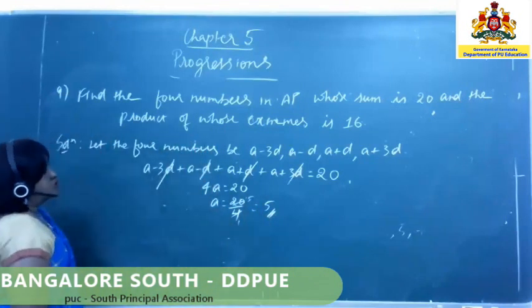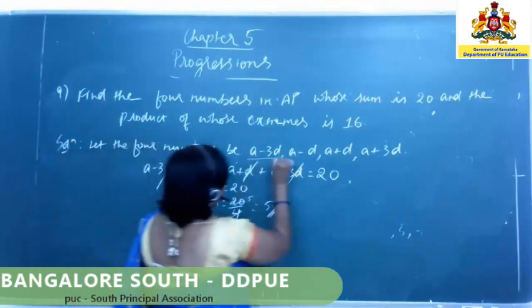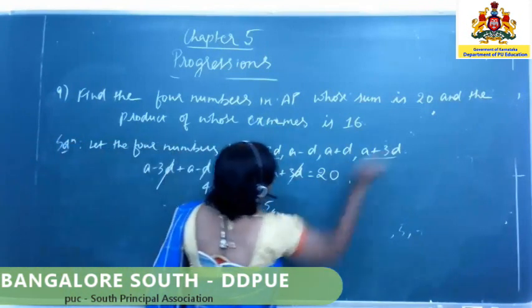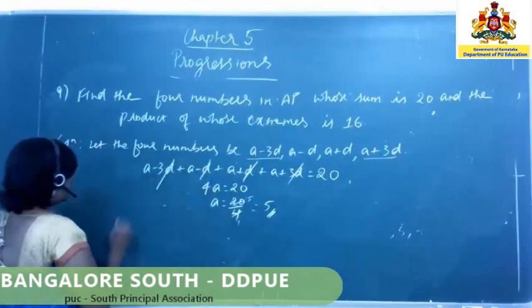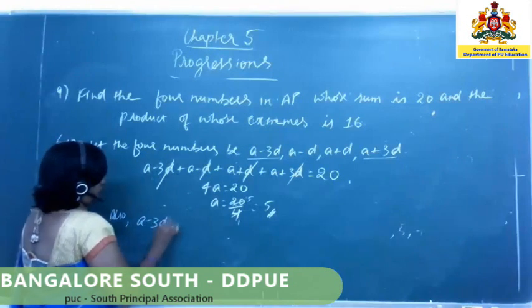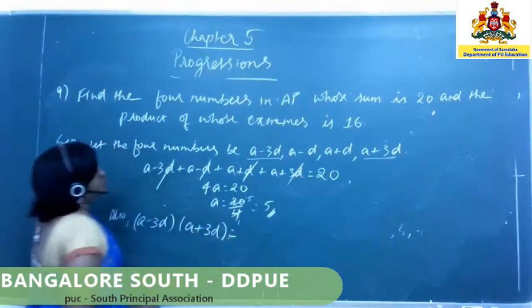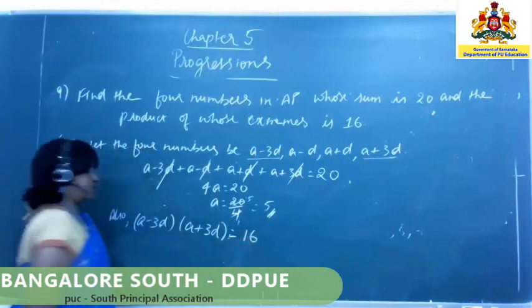So now the product of whose extremes is 16. Extremes is the first and the last term. So a minus 3d into a plus 3d is equal to 16.